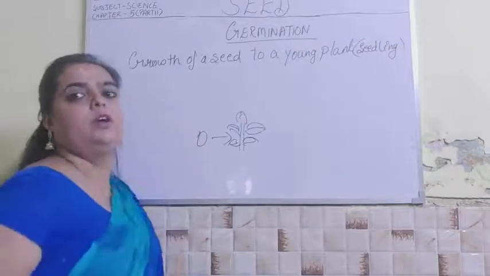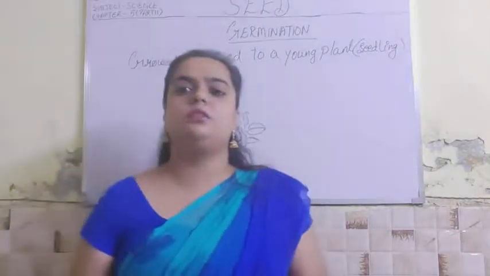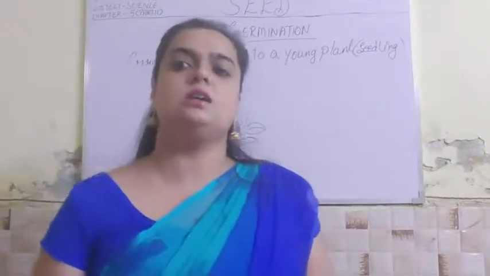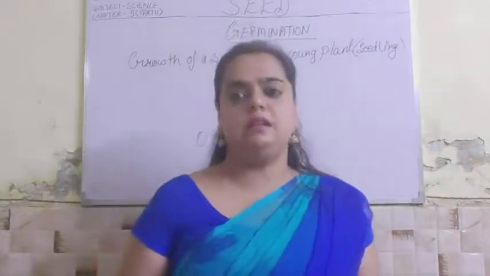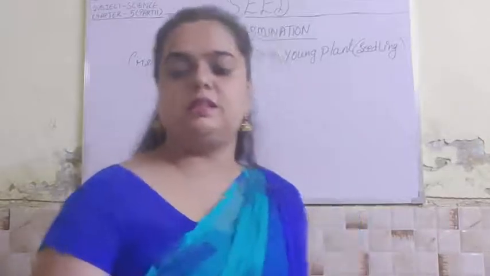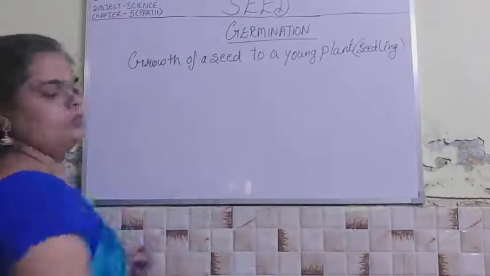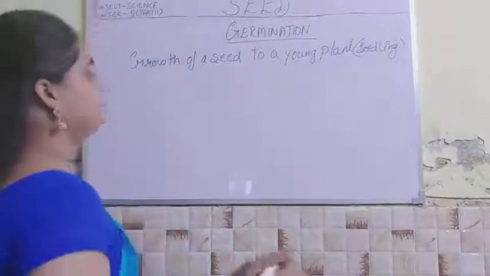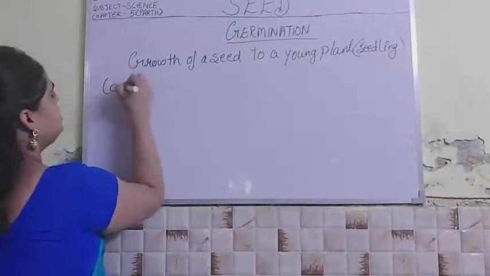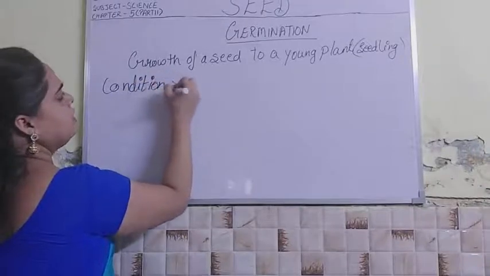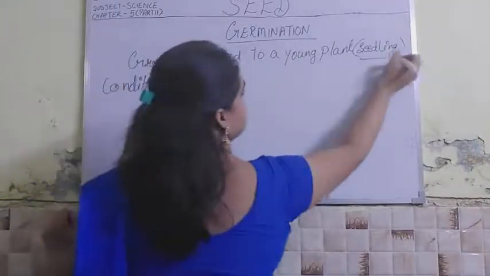All right. Now children, there are a few conditions that a seed needs to germinate. Let us discuss those conditions. What are the conditions in which a seed can grow into a seedling?